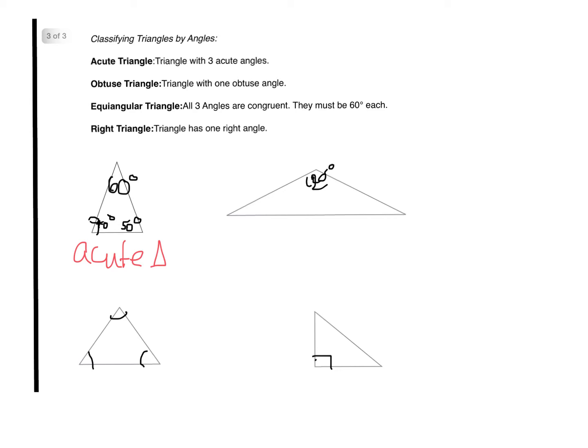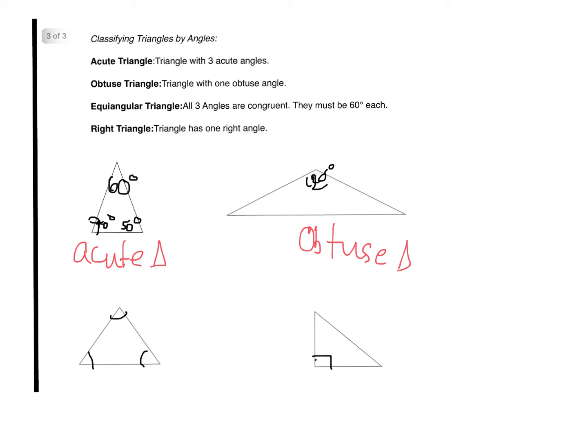It would be obtuse because it has one obtuse angle. For this, we don't care what those other angles are, as long as we can tell what that one is.